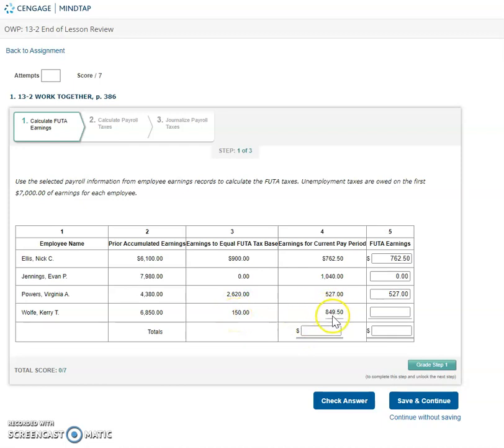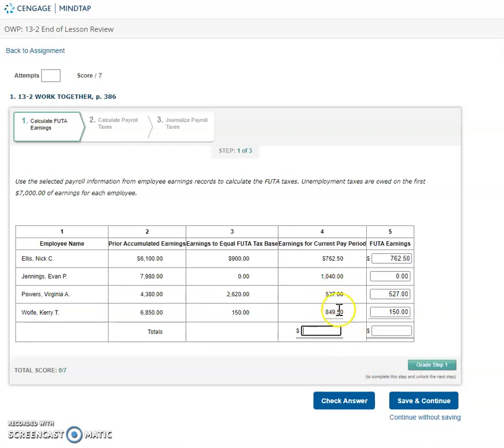Even though Carrie earned $849.50 this pay period, we can only tax $150 of that. So $150. Again, an easy way to do this is to take the smaller number between 3 and 4. So here's our smaller number, here's our smaller number, here's our smaller number, and here's our smaller number.